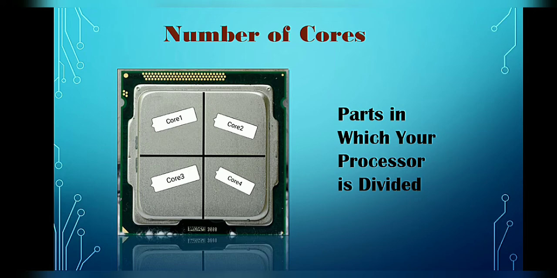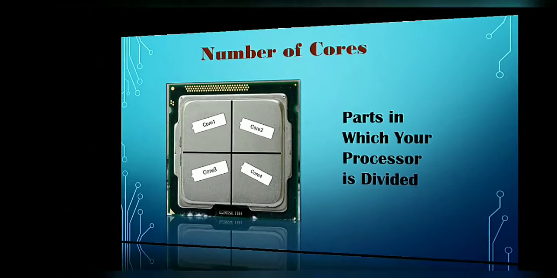No, it is wrong. The first thing is the cores of the CPU are always in even number, and core i3, core i5, core i7, core i9 are the names given by the Intel company to their CPUs. They don't refer to the cores present in your CPU.